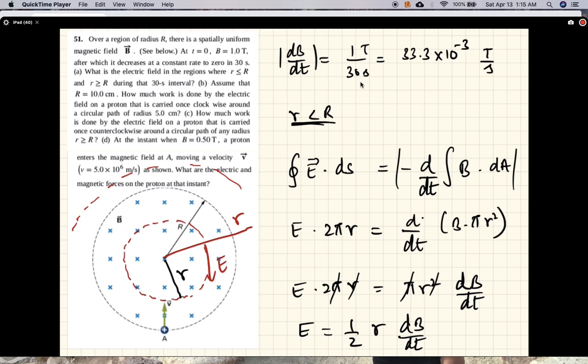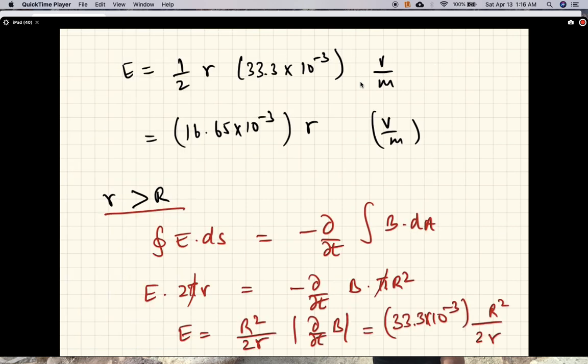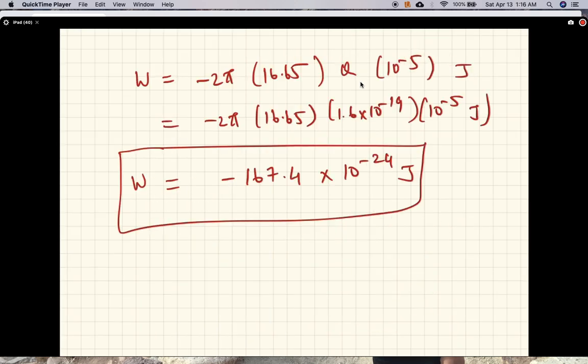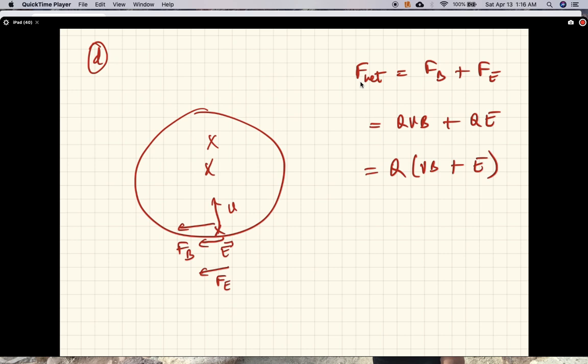And R is 10 centimeters. Okay, I think we'll end right there so you guys can put in the numbers. So this is a long problem.